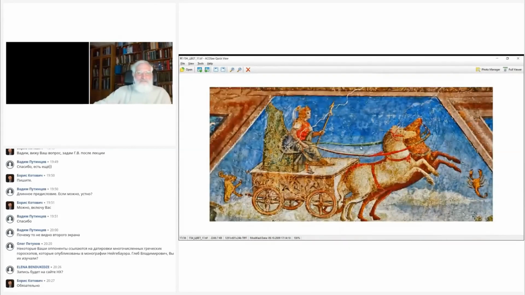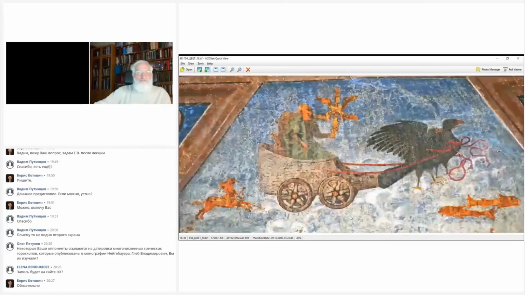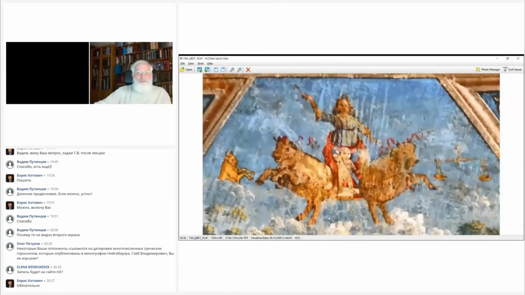This is Mars in warrior attire. Capricorn and Scorpio. This is Jupiter again. This is Venus. She is a woman. There are only two female planets, the Moon and Venus. The Moon has a crescent, so this is Venus. She has the sign of Venus, Cupid standing in front.